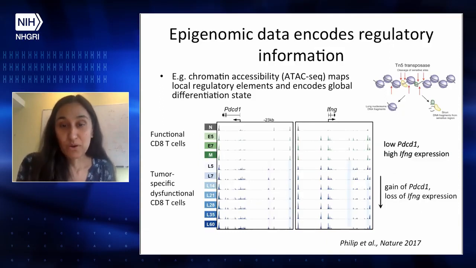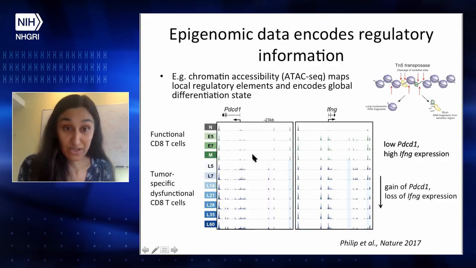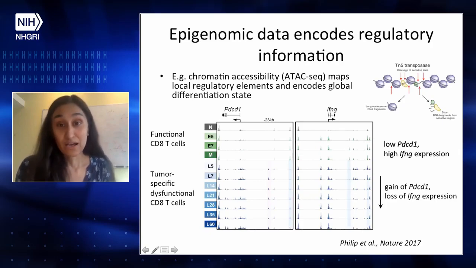Okay, and what we can see by looking at this chromatin accessibility at specific loci, so this is the locus that encodes PD-1 in the mouse. PD-1 is an immunotherapy target, and this is the locus of an important effector cytokine interferon gamma.